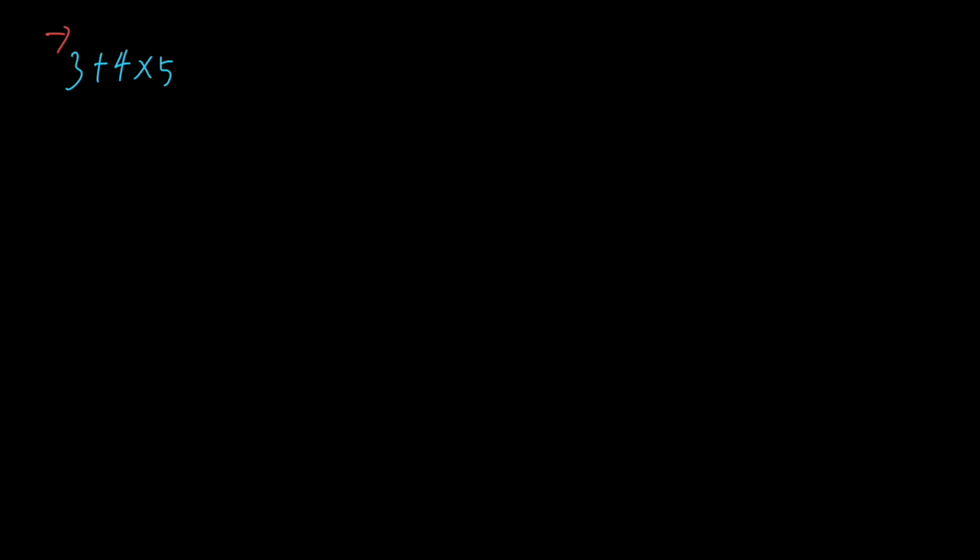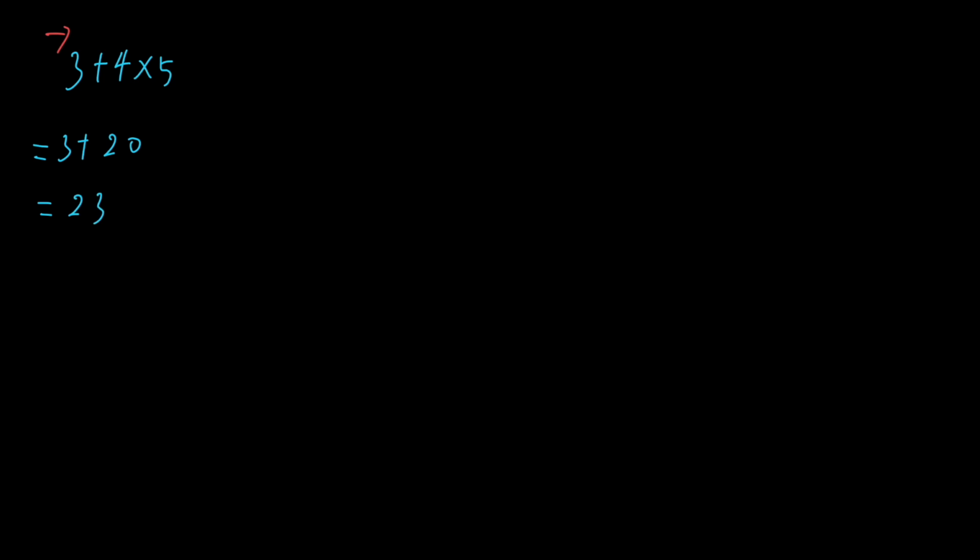We firstly have the addition, then we have multiplication. But once we see the multiplication, we're going to do the multiplication first. So 4 times 5 is 20. And 3 plus 20 is 23.